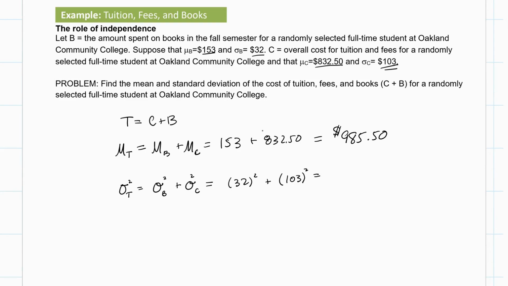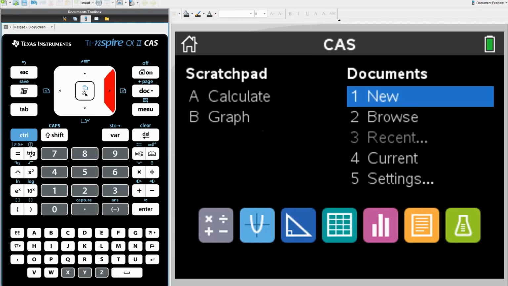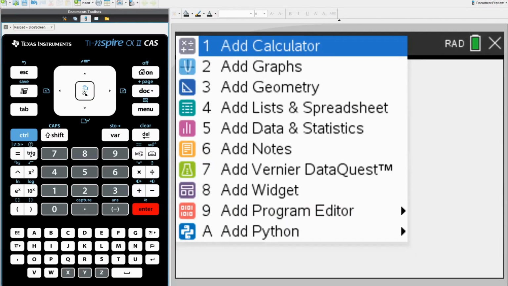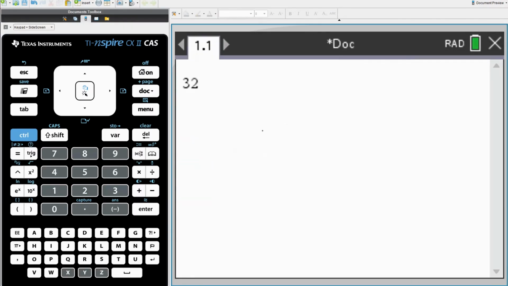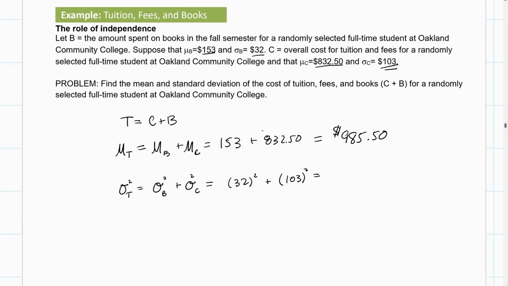And if we put that into our calculator, let me switch over to our calculator, create a new calculator document, 32 squared plus 103 squared gets us 11,633. And then therefore the standard deviation of that will be the square root of 11,633.